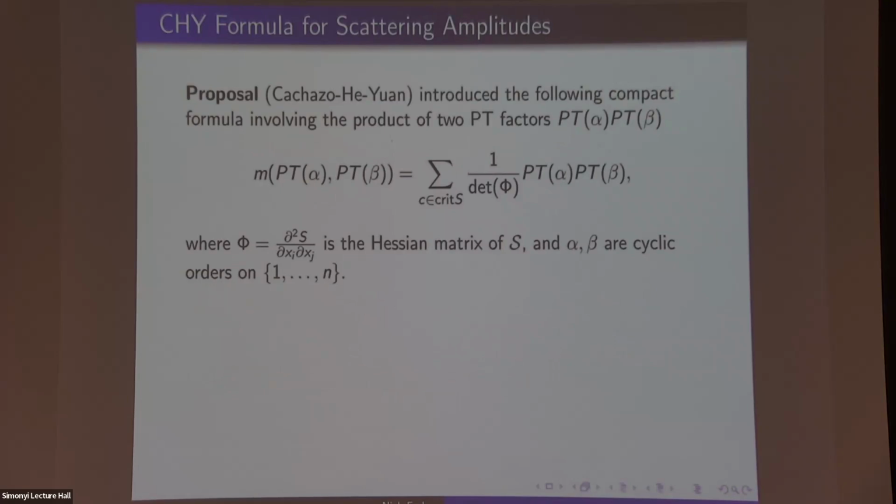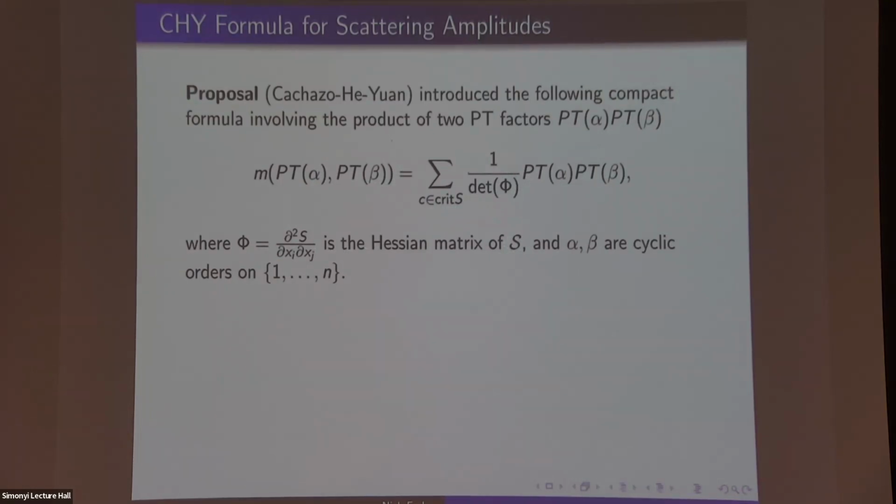Okay, so the second ingredient is the following formula. We take the product of the two Parke-Taylor factors associated to the cyclic orders alpha and beta, and we sum over all critical points after dividing by the determinant of the Hessian matrix.